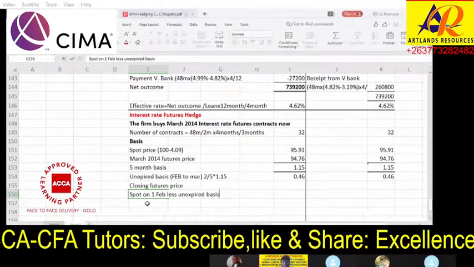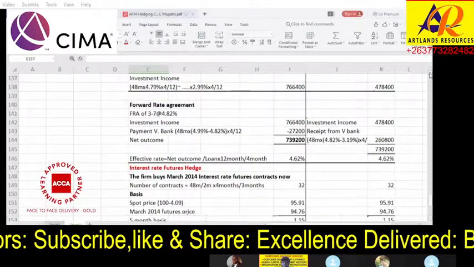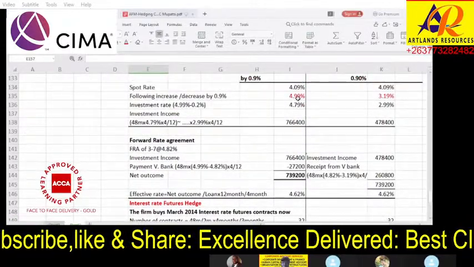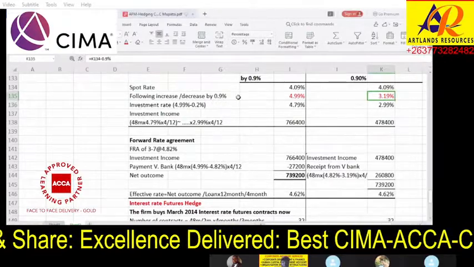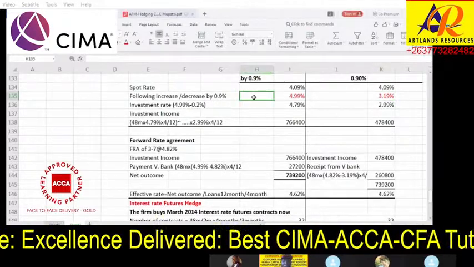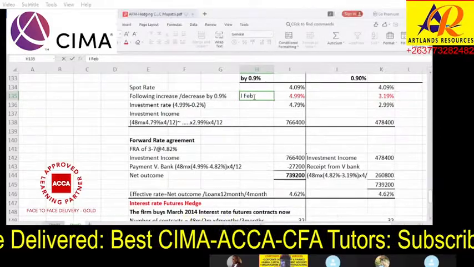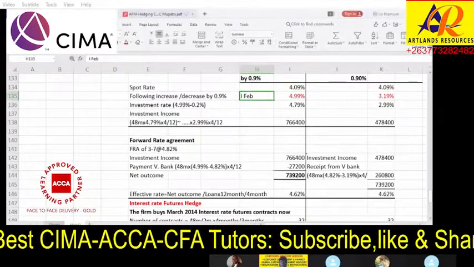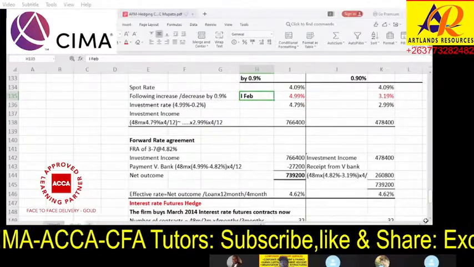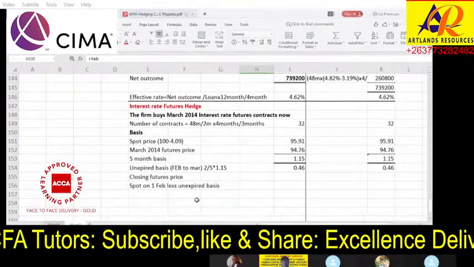So what is the spot on 1 February? It depends. Here it's 4.99. Here it's 3.19. This is what I'm referring to as 1 February. So this will be the 1 February interest rate on the date you are now exiting the market. So this is the rate we are now going to use to calculate closing futures price.